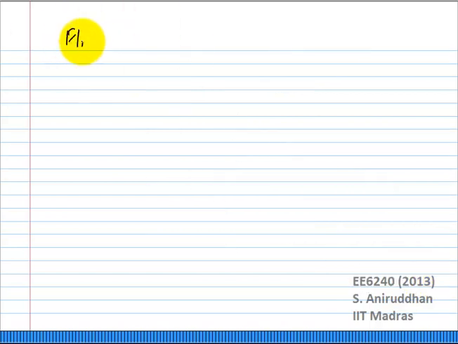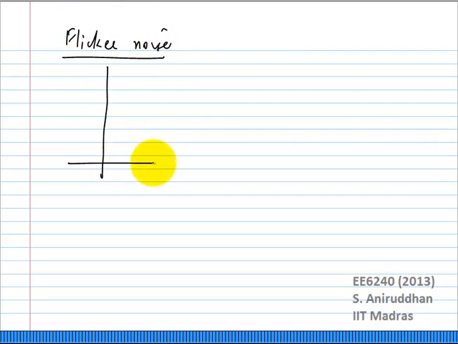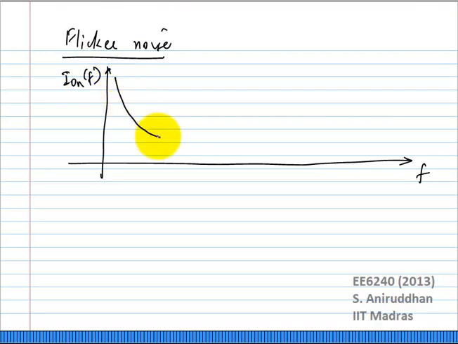So for example, if you are interested in flicker noise, let's say this was f, ION of f, you will get some noise here, and let us say omega LO.